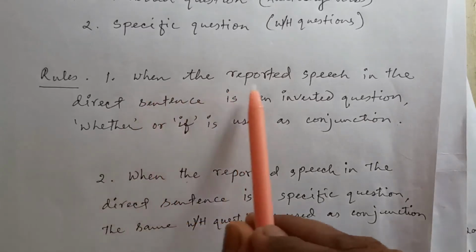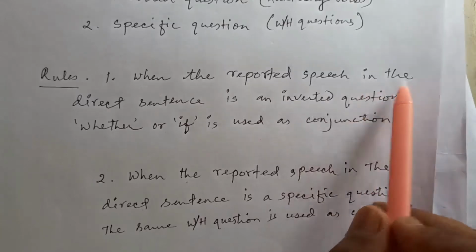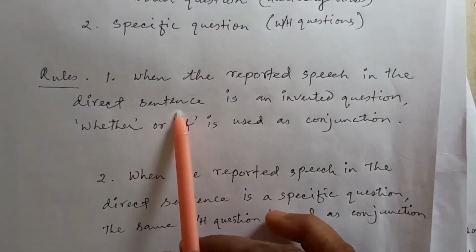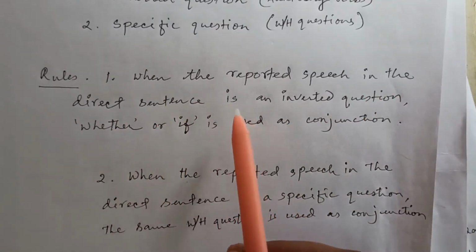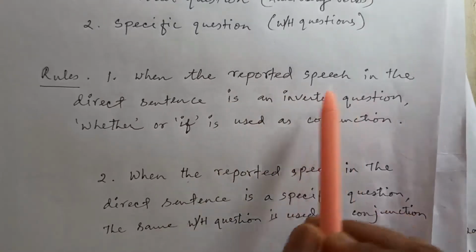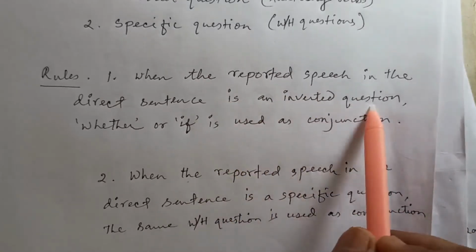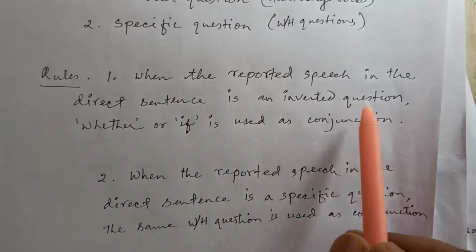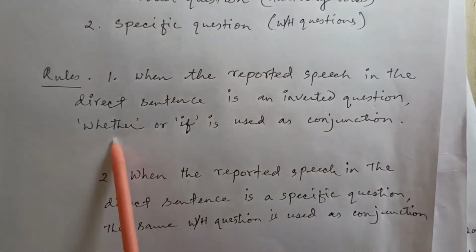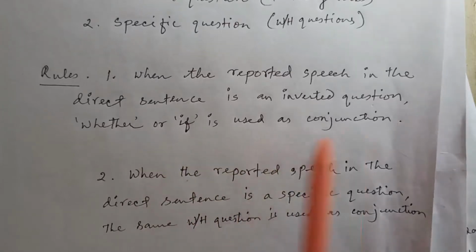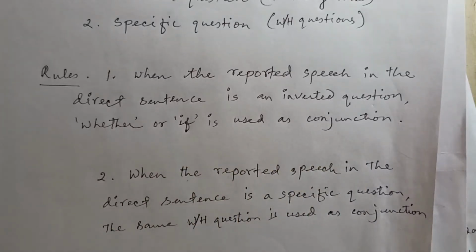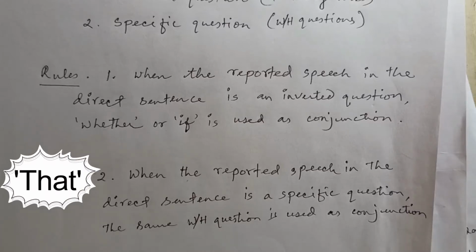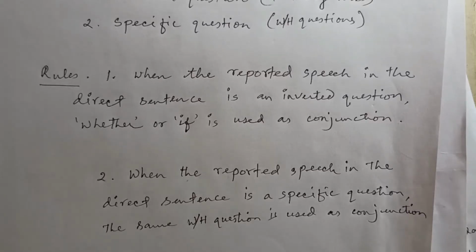Now, when the reported speech in the direct speech is an inverted question, that means it is asked with an auxiliary verb, then what happens? Whether or if is used as a conjunction. You have to remember one thing: we used that in assertive sentences as a conjunction, but now the word that will not be used.